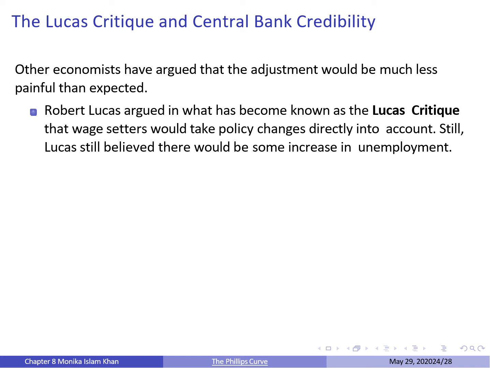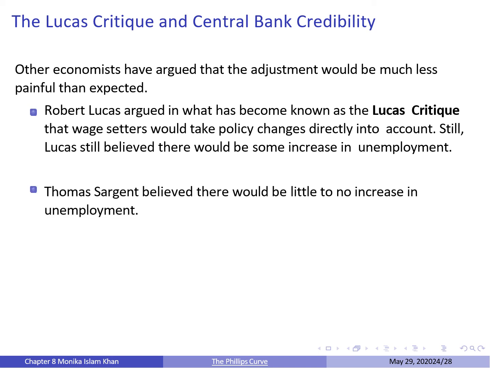Other economists have argued that the adjustment would be much less painful than expected. Robert Lucas argued that wage setters would take policy changes directly into account. However, Lucas still believed that there would be some increase in unemployment. Another economist, Thomas Sargent, believed that there would be little to no increase in unemployment.